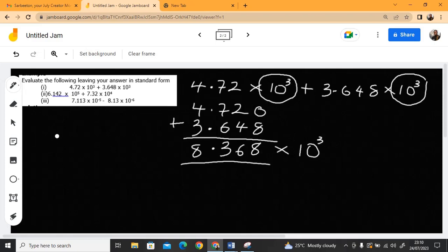Now look at the second one. You have 6.142 times 10 raised to power of 5 plus 3.648 times 10 raised to power of 3.